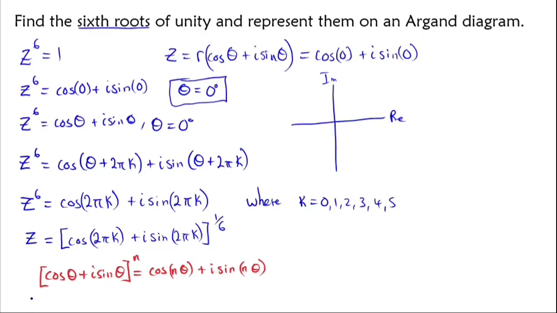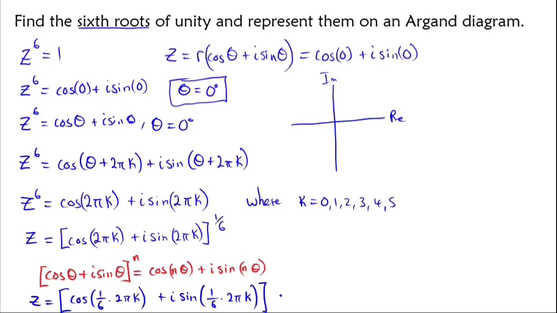We'll say z is equal to cos(1 over 6 multiplied by 2 pi k) plus i sin(1 over 6 multiplied by 2 pi k). We know that k takes values 0 up to 5.